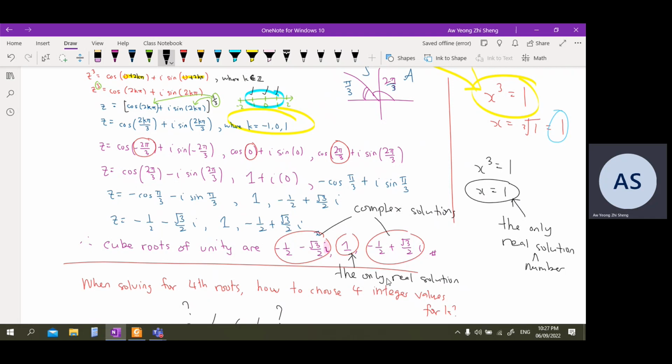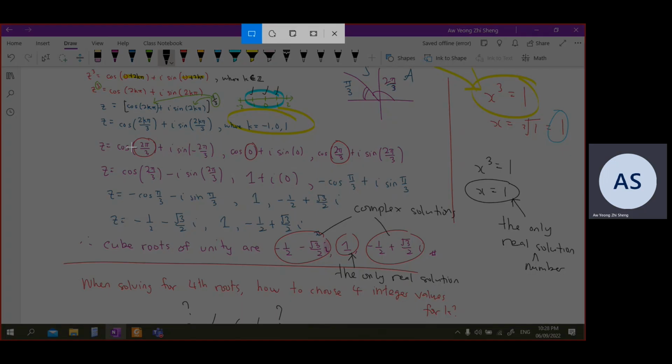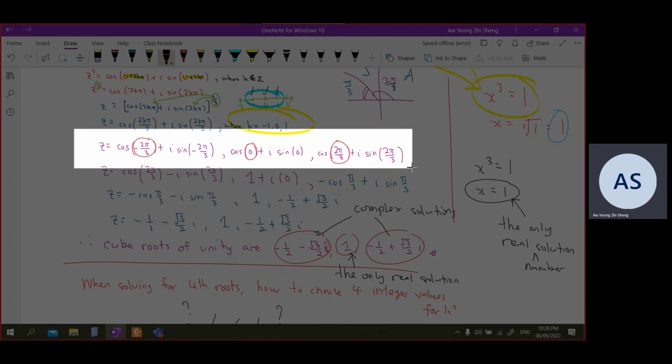Now, if we plot out the point representations of these 3 complex solutions on an Argand diagram, what will we get? Okay. It'll be easier to understand why the shape looks that way if we look at the modulus argument form of these 3 solutions.